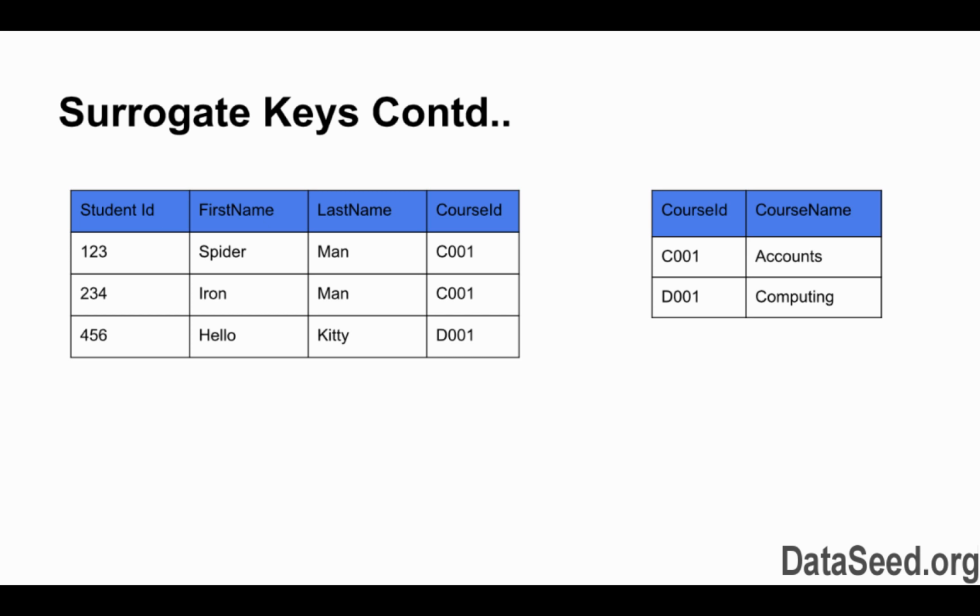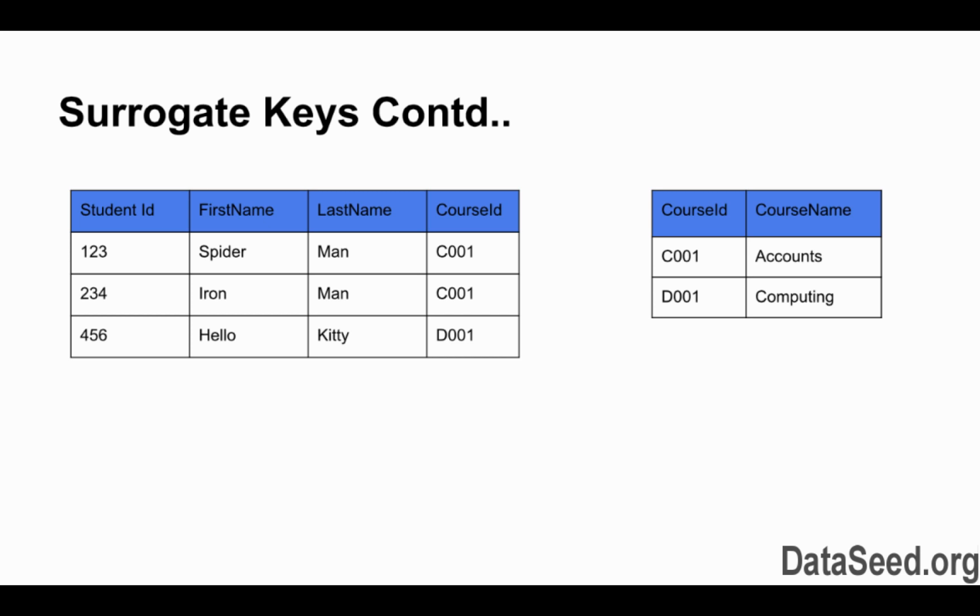But if we have the course entity defined in such a way that there is a generated number or surrogate key as a primary key instead of course ID, and that surrogate key is used as a foreign key in the student table, then we can avoid any changes to student entity when we make a change to the course entity.